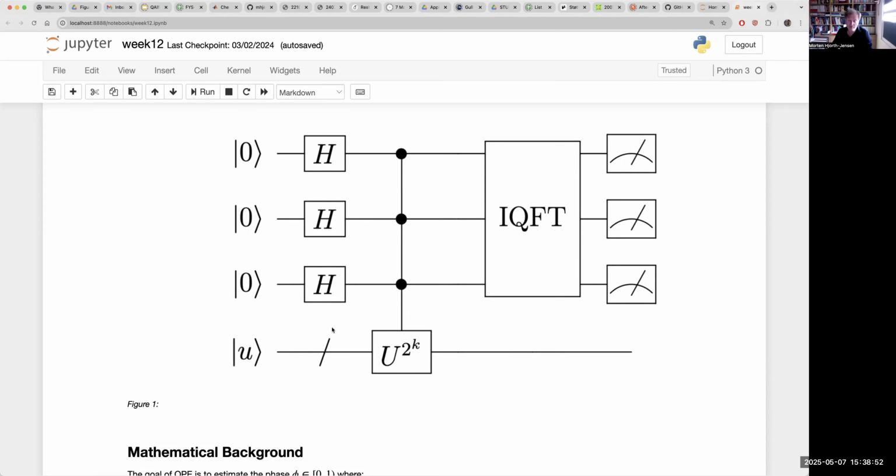So let's look at an example now and how we can actually set up things. So let's start with t equal to 1. So we have just one bit.